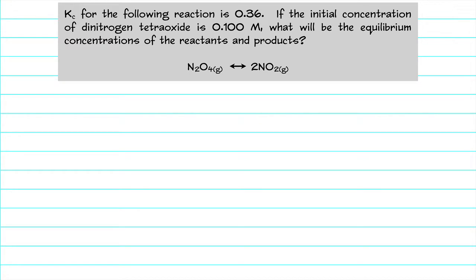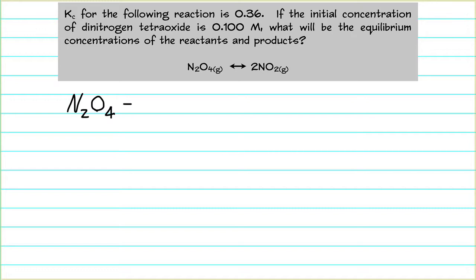Okay, for our last example, save the best for last. Let's go ahead and make our table like we did before. We've got dinitrogen tetraoxide in equilibrium with nitrogen dioxide.